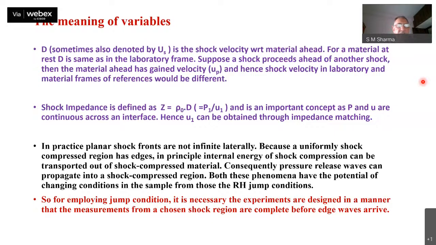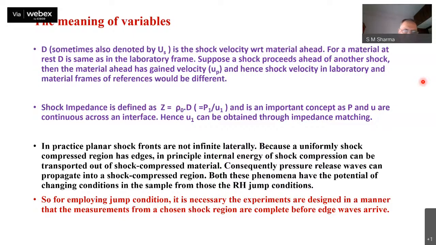So using some of these things, one can obtain certain other observables. We'll see how. In practice, planar shock fronts, as I discussed last time, are not infinite laterally. As we presumed in the first lecture, in the YZ plane it has infinite dimensions. But in practice, we know it is not infinite, because the uniformity of the shock compressed region has edges.